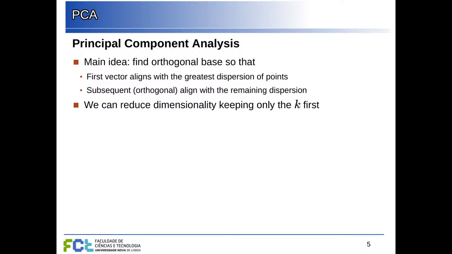So if we keep the first k vectors, we reduce the dimensionality of our data to k dimensions while retaining as much as possible of the variance, the dispersion of our points, using this linear transformation, this rotation and projection.